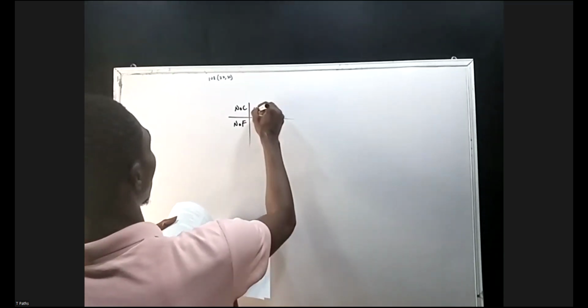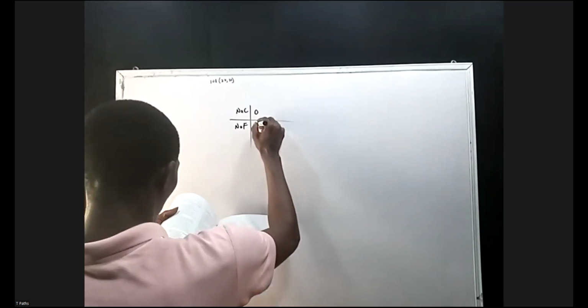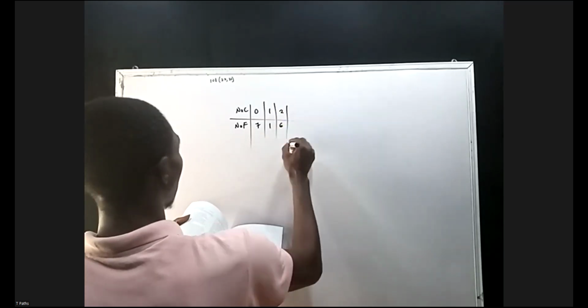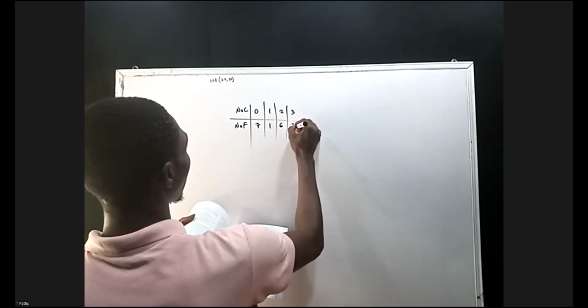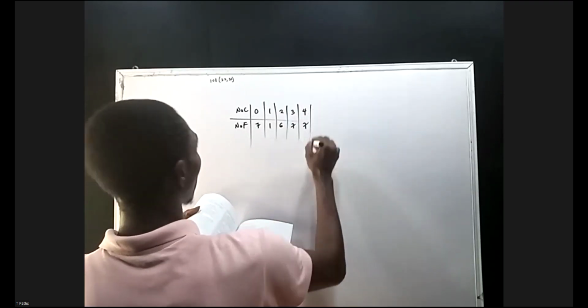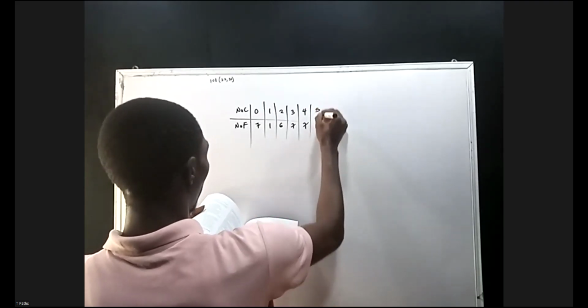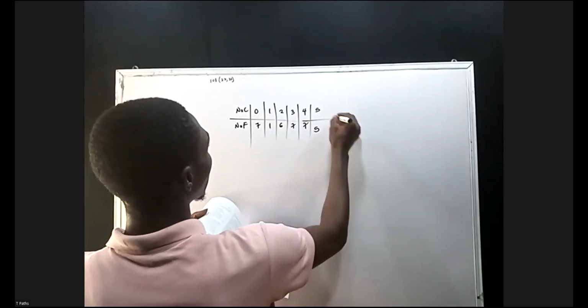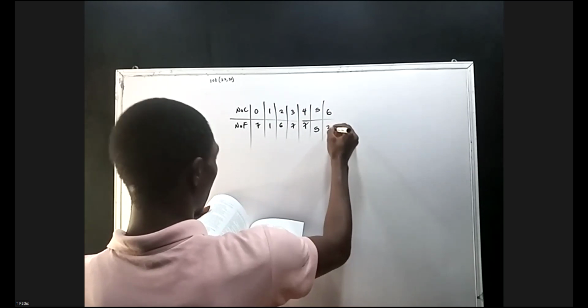So I have 0, 7; 1, 1; 2, 6; 3, 7; 4, 7; 5, 5; then lastly, 6, 3.